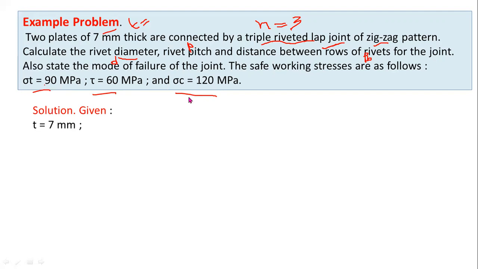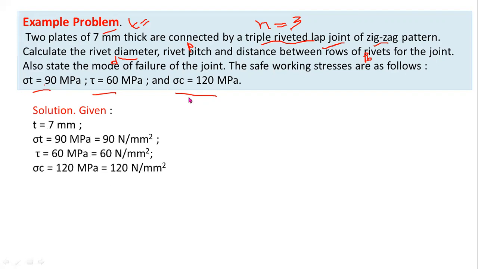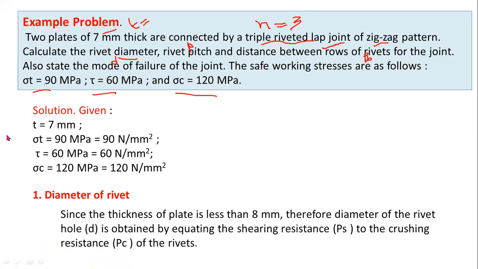Given data is the thickness of the plate T equals 7 mm and the tensile stress equals 90 megapascal, shear stress equals 60 megapascal, crushing stress equals 120 megapascal. Here n equals 3. In the first step you have to determine a suitable diameter of the rivet. The given thickness of the plate is 7 mm, that is less than 8 mm.